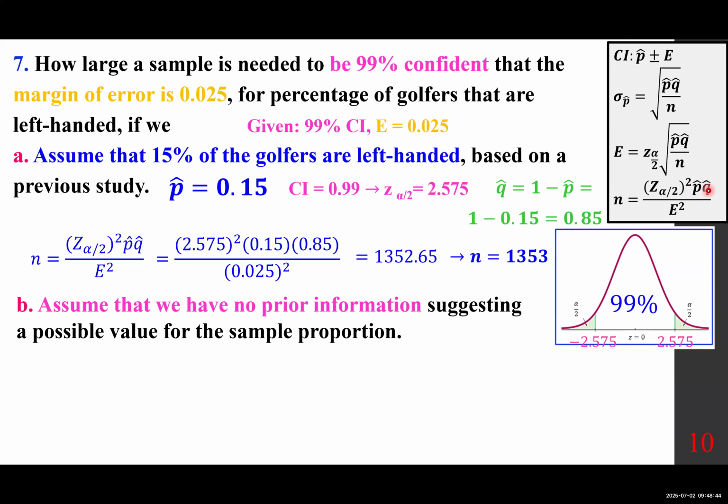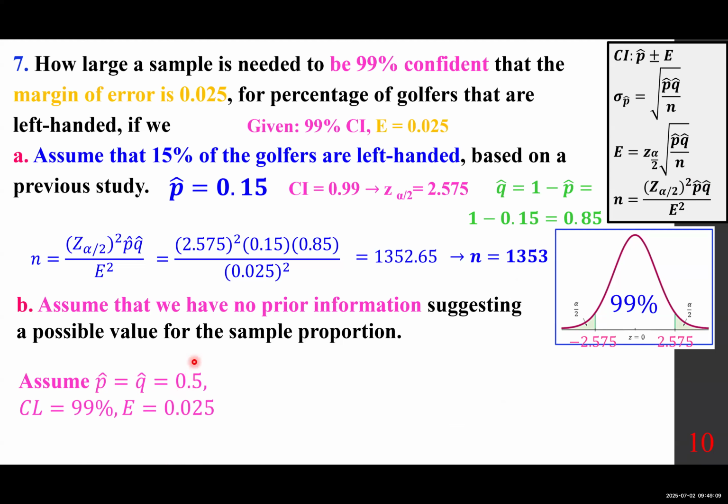It has been shown that if you take them to be identical, P hat equals Q hat equals 0.5, then it gives you the most conservative estimate, which means whatever n is larger than that. If the n you come up with is smaller than that, you made a mistake somewhere. So we got to assume P hat equals Q hat equals 0.5.